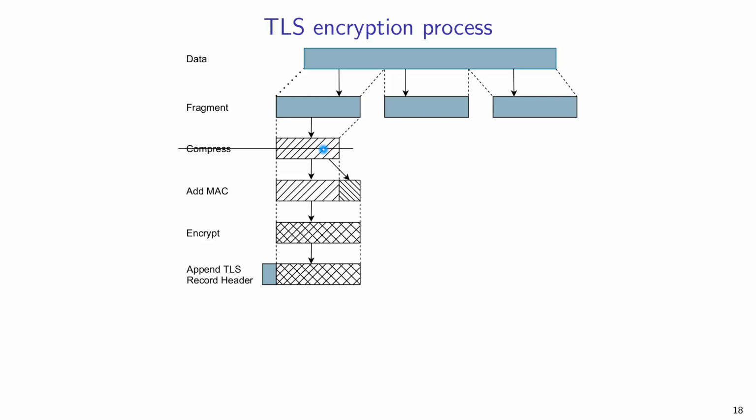Then we compress the plaintext fragment, if compression is used. The compression here is struck out because today it has been completely deprecated, as it turned out that plaintext compression leaks information about the plaintext. By knowing how well the plaintext compressed, we can learn how much redundant data was there.